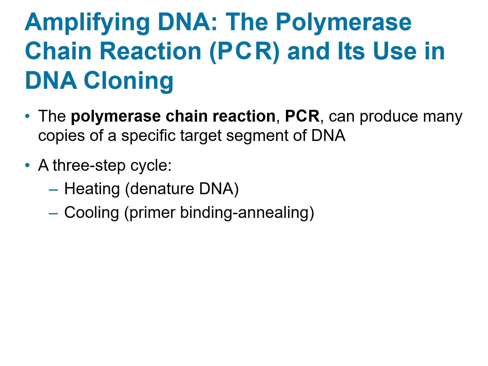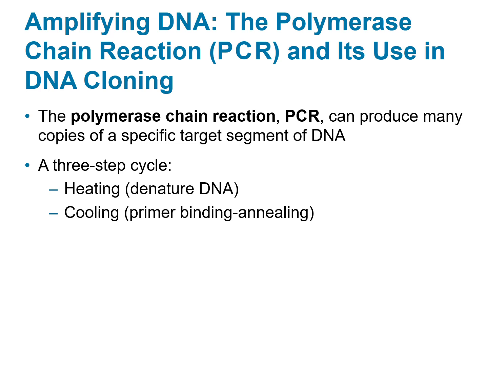And then you want to cool it down, from 95 degrees down to the temperature which is optimal for the primer to bind. If you remember DNA replication, there's a short segment of DNA called the primer. It complementary binds to a specific region of your DNA sequence, and it allows the incorporation of additional nucleotides so that you can actually synthesize the DNA.